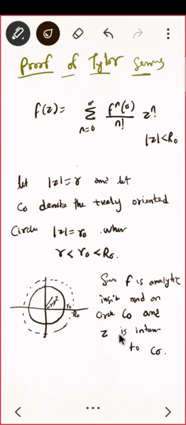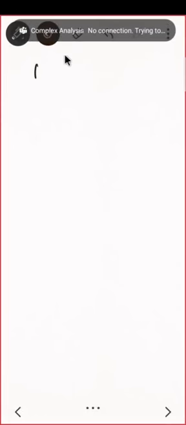If you are having a z which is interior to C naught, I can apply my Cauchy integral formula. What is my Cauchy integral formula? That is, integral f of s ds upon s minus z is equal to 2 pi i f of z. See, I am taking z as an interior point.